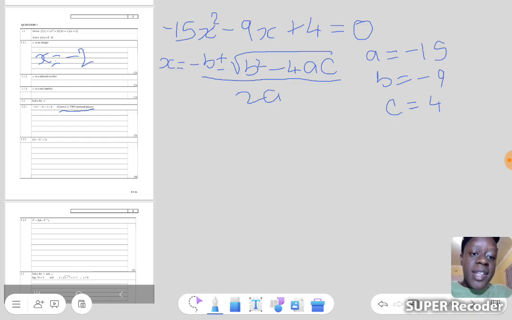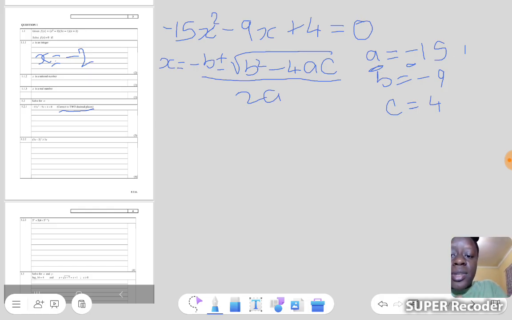So most of the time you will find learners forgetting to put this sign, saying that maybe our a would be 15. No, you have to also take the sign of it.